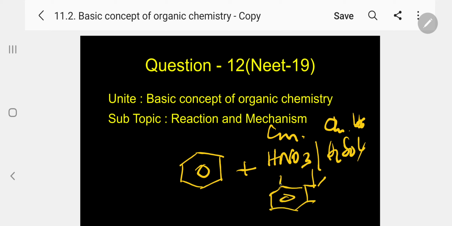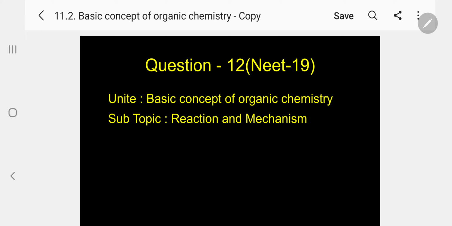So if you look into the mechanism, what is happening here? Kindly see the reaction. This is the reactant, this is the product, and this is the attacking reagent. So what is the electrophile? Let me show you. What is happening in the reaction? First case, kindly follow.